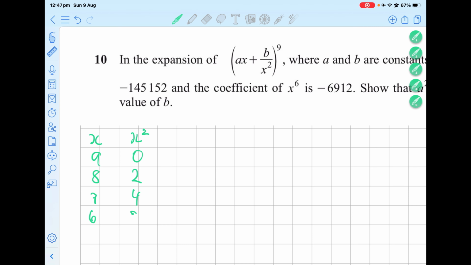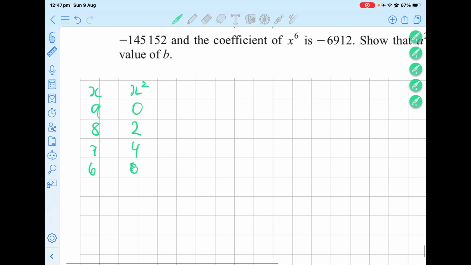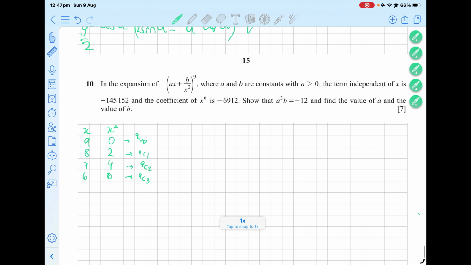So this is going to be 9c0, 9c1, 9c2, and 9c3. The term will have 9c3 into ax raised to the power 6 into b over x squared cubed.